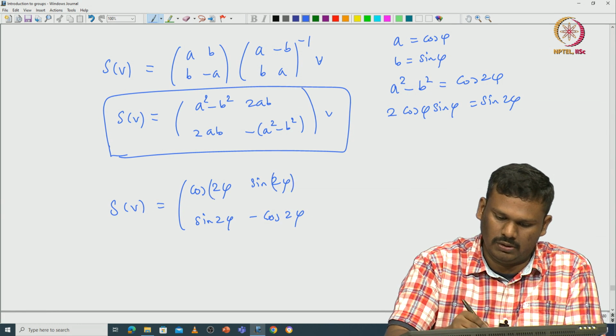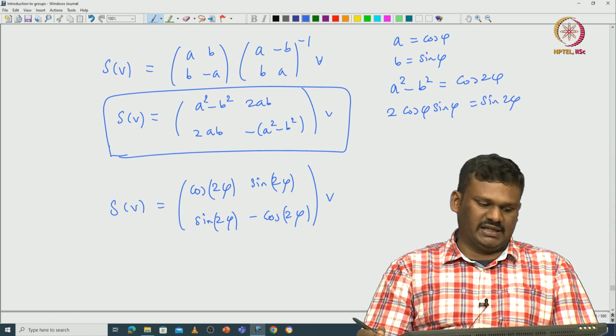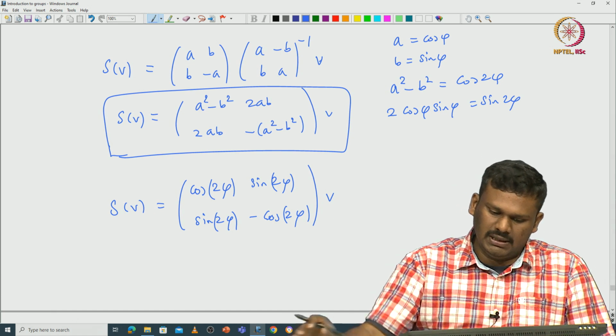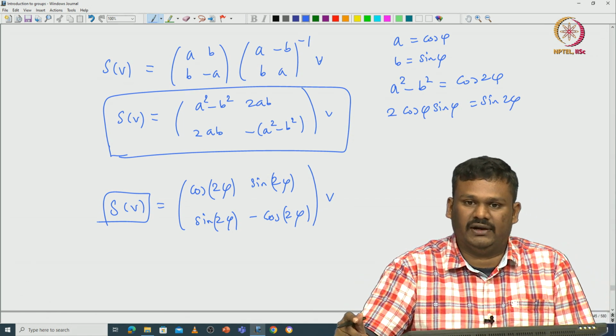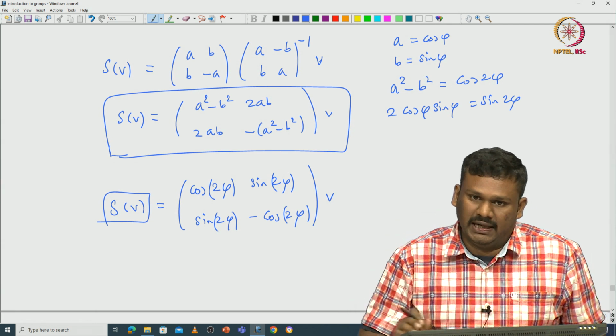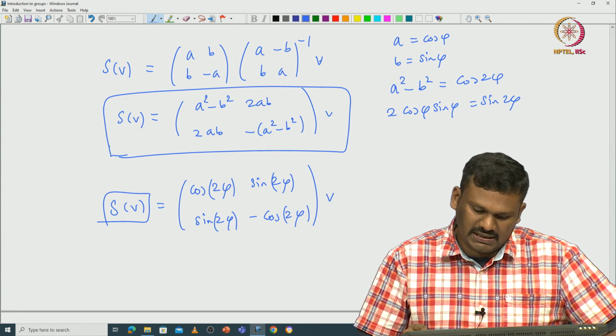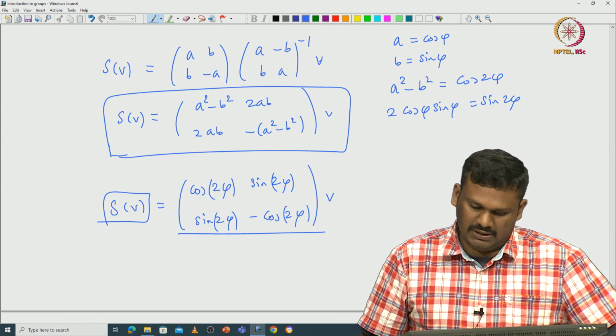So, this is the matrix, very explicitly, which is acting on V. That means this operator, which you have defined using the reflection about the line that passes through the origin, is given by this matrix very explicitly.